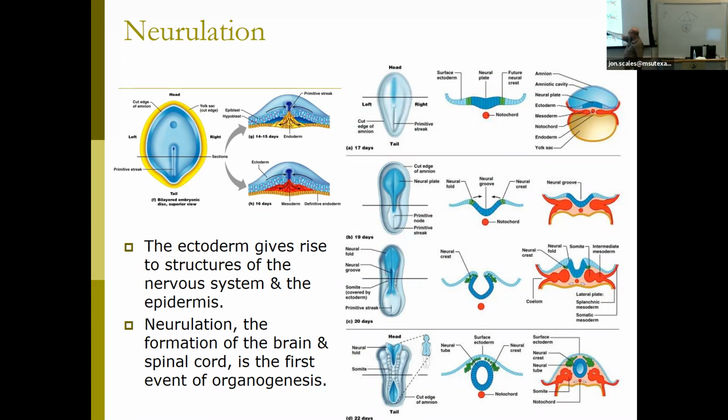You have a couple of ridges and a big, essentially hollow valley here. And eventually those two ridges will come in contact with each other and fuse. At that point, you've got a tube. We're going to call that the neural tube.